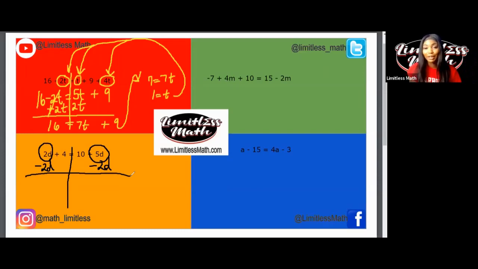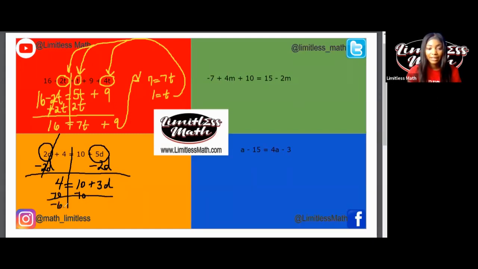I just like to do what's easiest for me, no matter what. So 2d minus 2d, subtract, I get 4 equals 10 plus 3d. Turns into a two-step equation. We continue on. Reverse order of operations tells me to subtract 10.